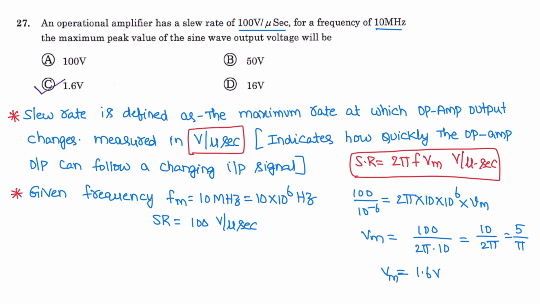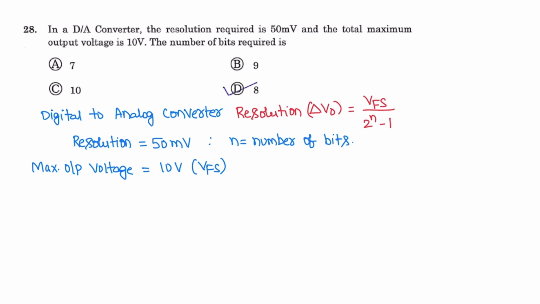Next question. In a digital to analog converter, the resolution is 50 millivolts and the total maximum output voltage is 10 volts. The number of bits required: for this digital to analog converter, resolution delta V naught is equal to VFS by 2 power n minus 1, where n is the number of bits. Resolution is 50 millivolts and the full scale output voltage is 10 volts.